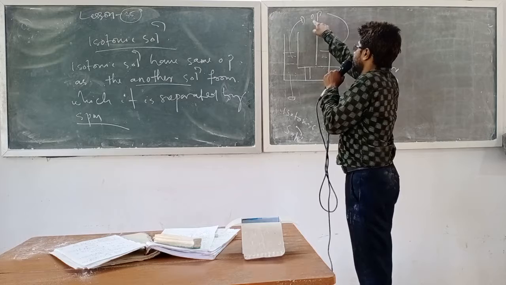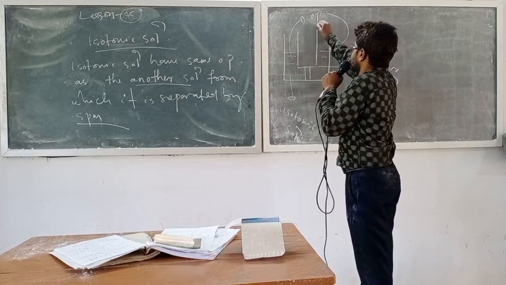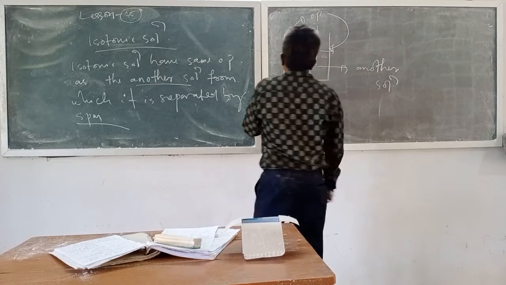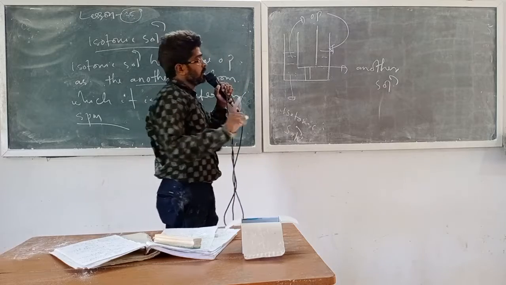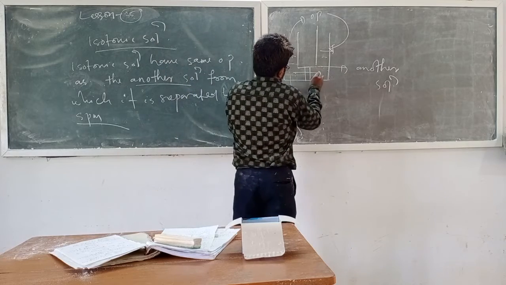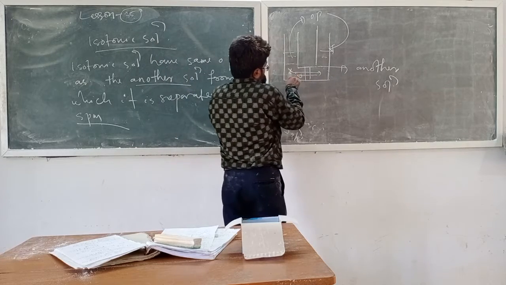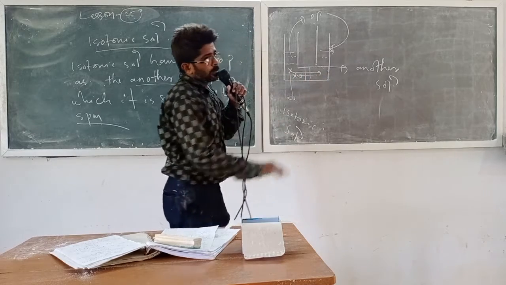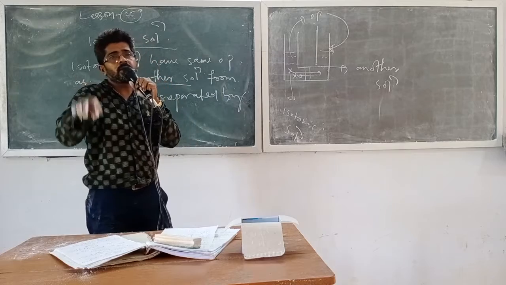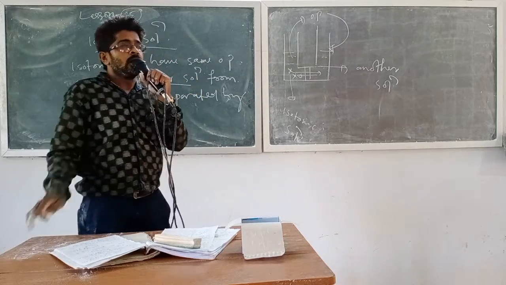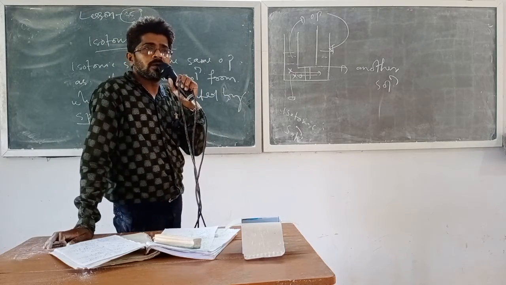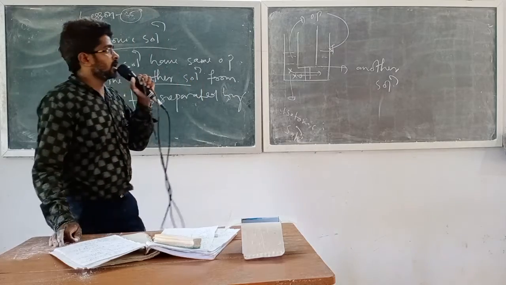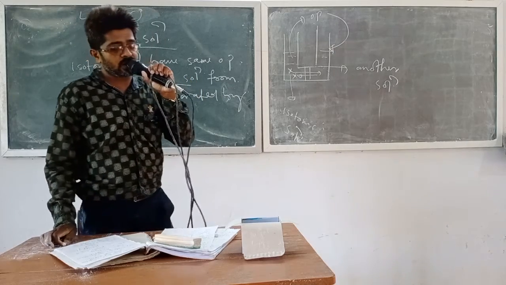That means both solutions have the same osmotic pressure. Then water will never move from this side to that side. So nothing will happen if a cell is put into the isotonic solution. The cell will neither swell nor shrink. This is all about isotonic solutions.